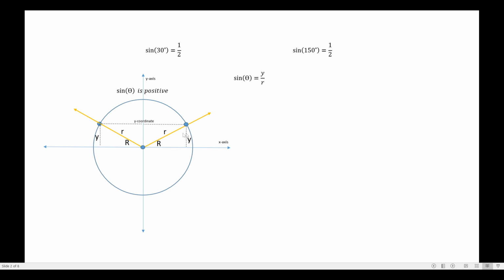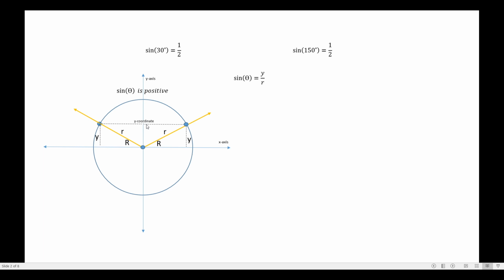It's because in this scenario, the point in the first quadrant has a y coordinate here. And in the second quadrant, if this is the point, there comes a point in the circle where the two points in the first and second quadrants will be aligned, and that means the value of the y coordinate will be equal.